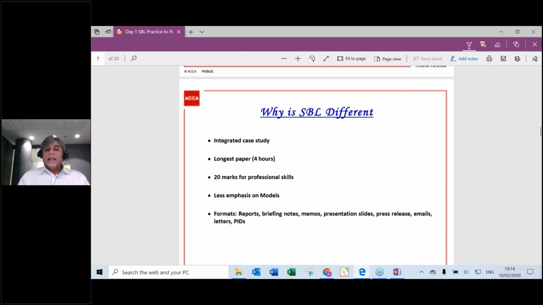Okay. The fourth difference is less emphasis on models. In the previous subjects like P1 and P3, there was a lot of emphasis on models, especially in P1. But in SBL, the examiner does not care about models. If you use models, well and good.